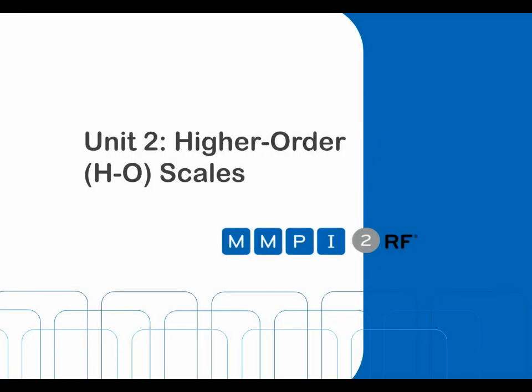Next, we move into the second unit of this module, where we will begin discussing the substantive scales. We'll start with the higher order scales. The MMPI-2-RF higher order scales provide a broad indication of the individual's psychological functioning or dysfunction.